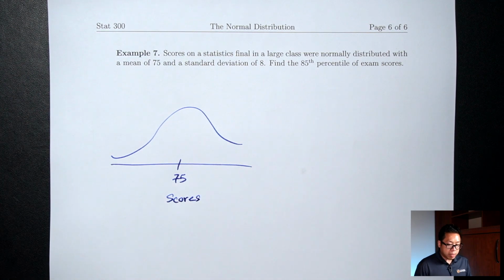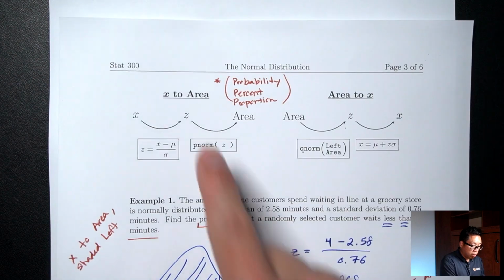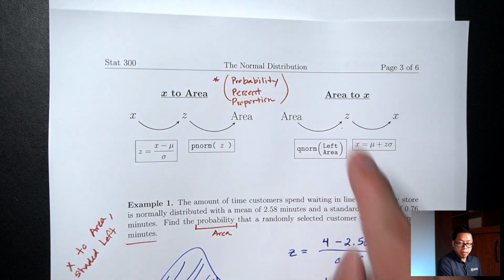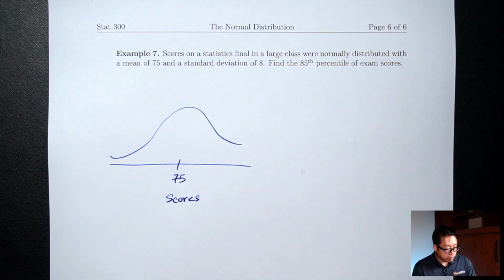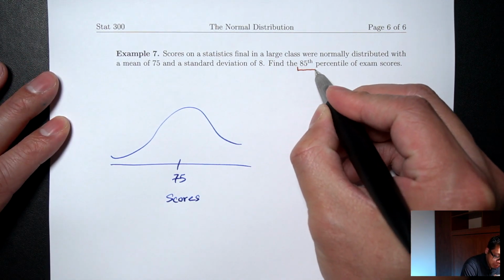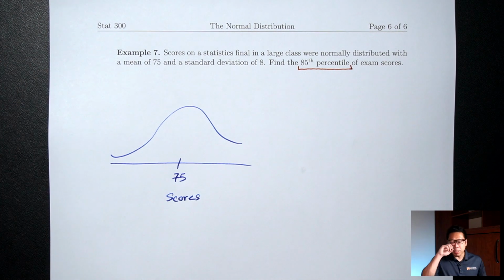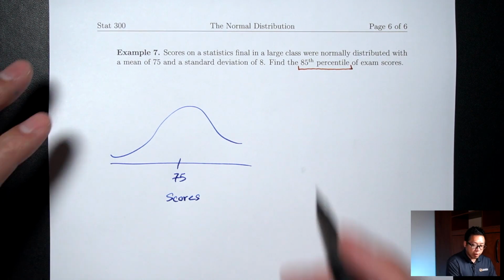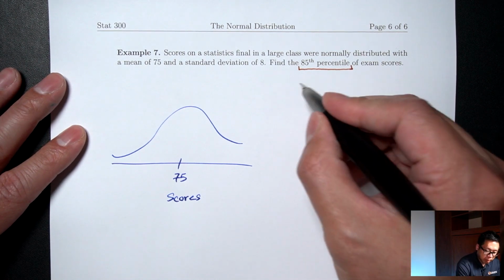Now the question is, is this an x to area or is this an area to x type question? And this one's a little tricky because you have to remember what 85th percentile means. We talked about percentile back in unit 1. 85th percentile means 85% of the data is below.